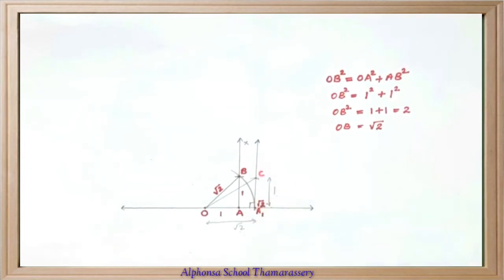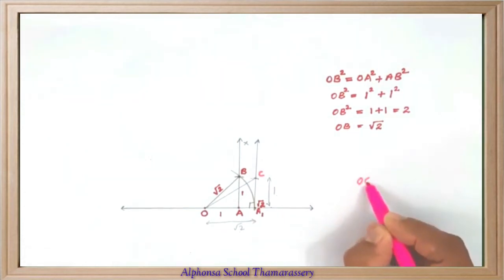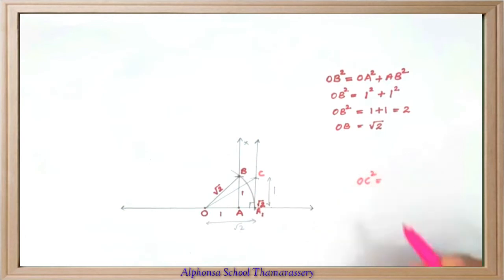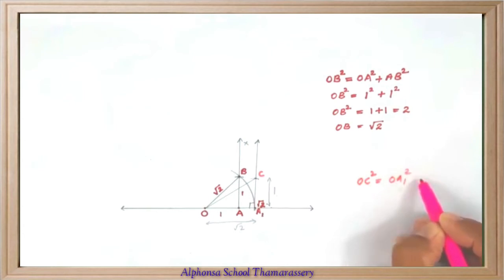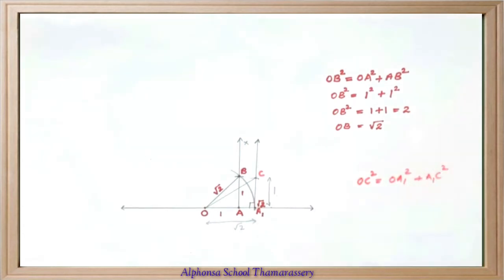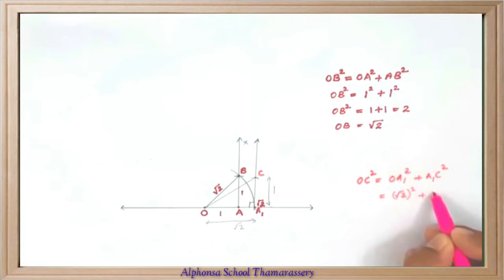So, using Pythagoras, you can find OC square: hypotenuse square is equal to base square, that is OA1 square plus A1C square, which is equal to root 2 whole square plus 1 square.